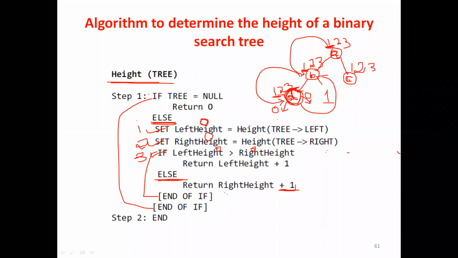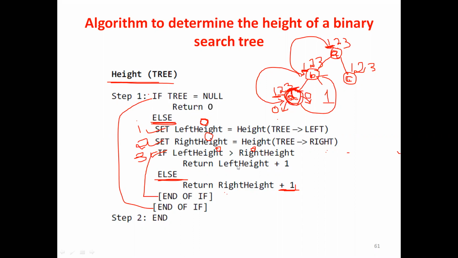From what point did it come to node D? At what step did it come to node D? From step 1. Am I right? From step 1 of node B, it moved to node D. After completion of node D, it's returning 1. Where should that 1 be stored? It will be stored in the left height.